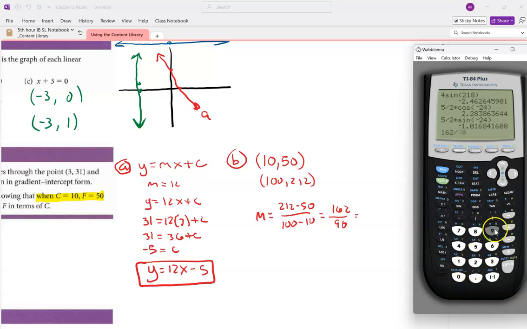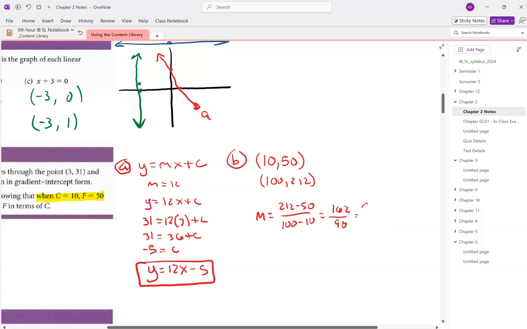The easiest way to reduce a fraction by hand with your calculator is I'm just going to type in 162 over 90 and then press math frac. And there's my reduced fraction. Everybody's okay? So that's 9/5.